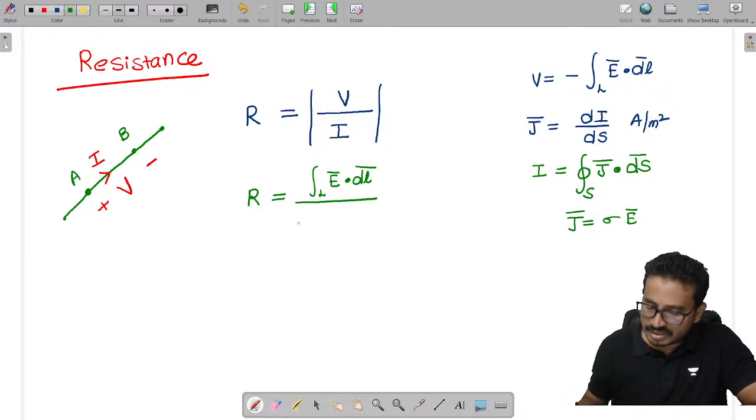So if I use this, sigma, the conductivity of a material, is a constant, take it outside, and this is the integration of E dot dS.